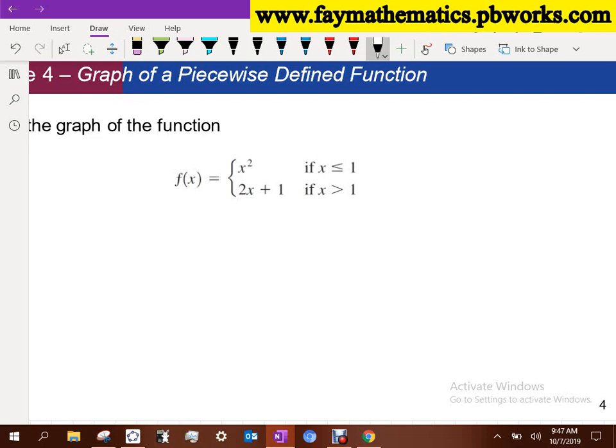You might see the word if here, and I like the word if, because if we parallel this to geometry, we have if x is less than or equal to 1, then you use x squared. Okay? This says if x is greater than 1, then use 2x plus 1.